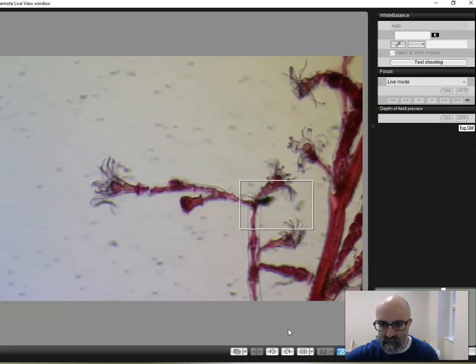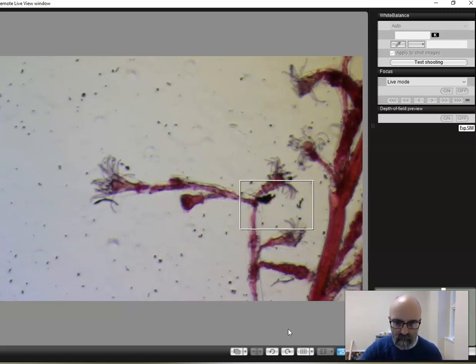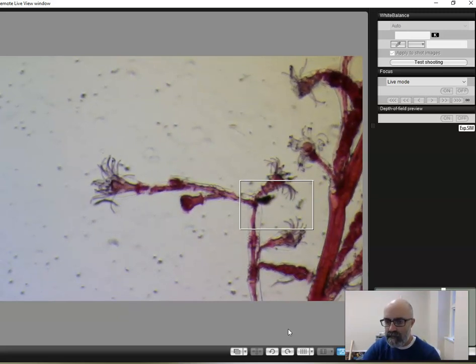Yeah, so here's a hydroid colony. I'll zoom in here. And now remember, when I zoom in and out, different parts of this organism come into focus. Okay, so what we're seeing here is sort of like the branch part of the body.